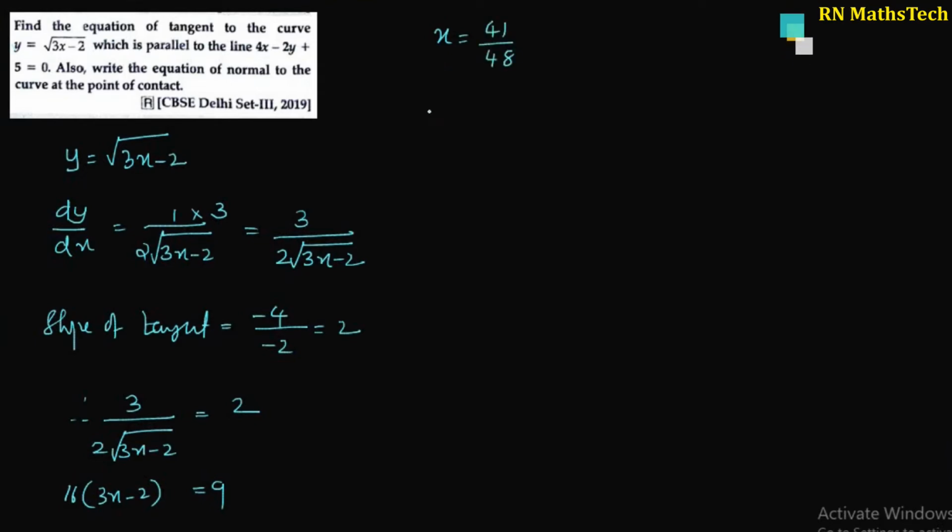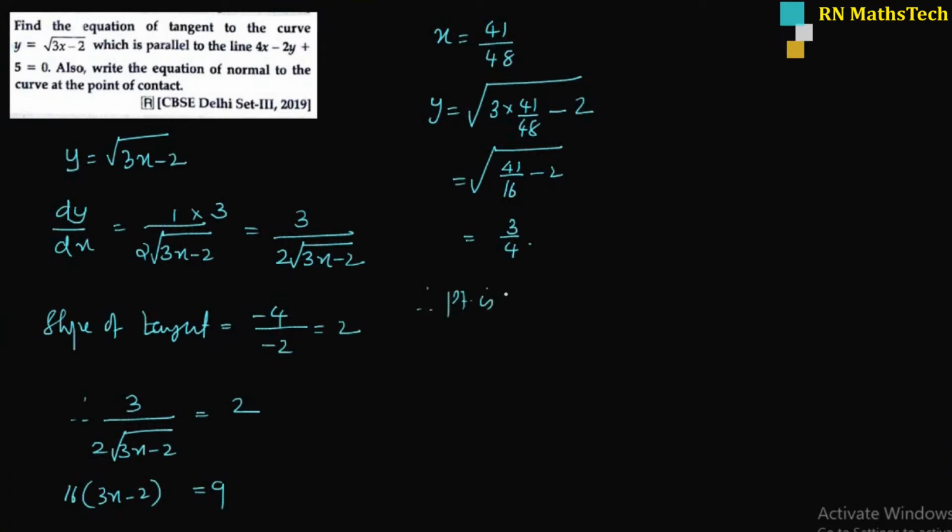So when x is equal to 41/48, y is equal to root of (3 into 41/48 - 2), that is root of (41/16 - 2), that is equal to 3/4. Therefore the point is x coordinate 41/48 and y coordinate 3/4.